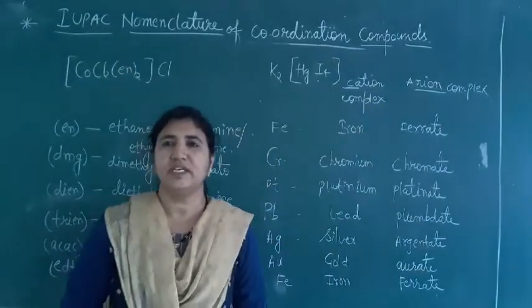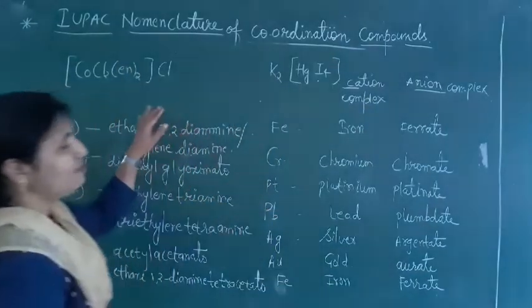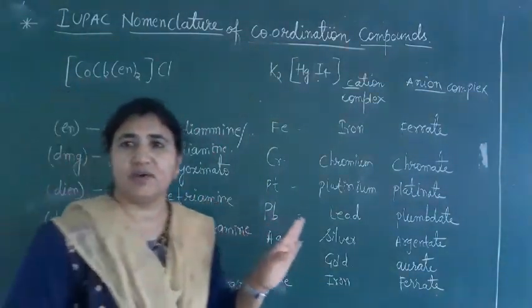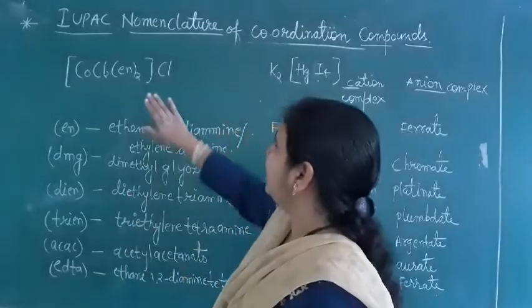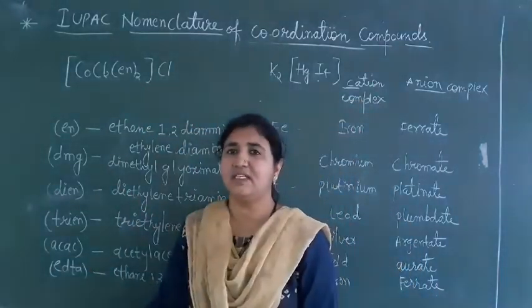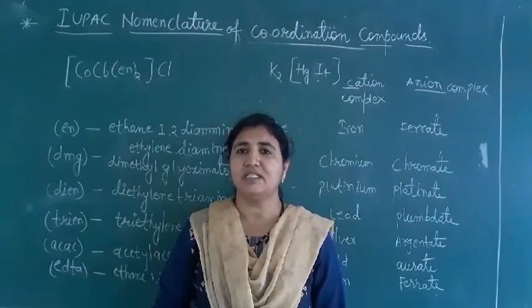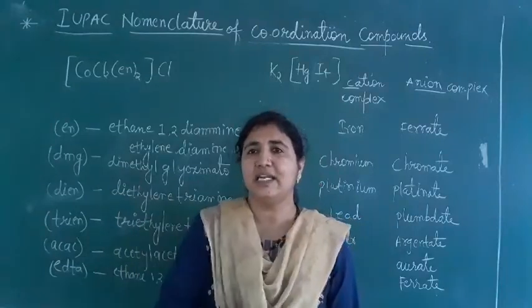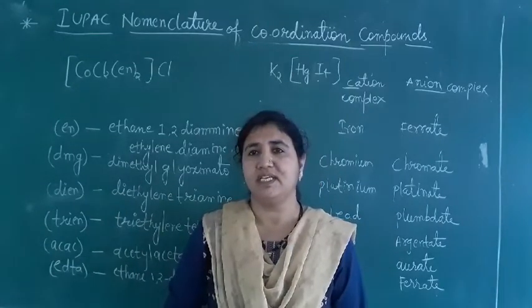Now we have four types of complexes: cationic complexes, anionic complexes, neutral complexes, and complexes where both cation and anion are complex ions.